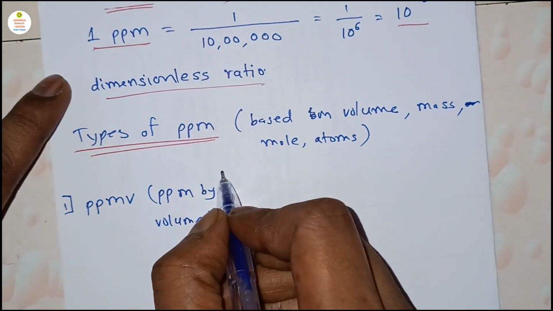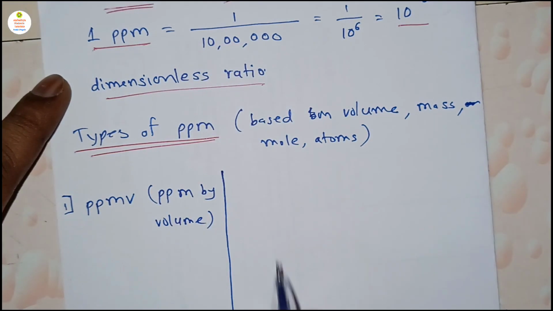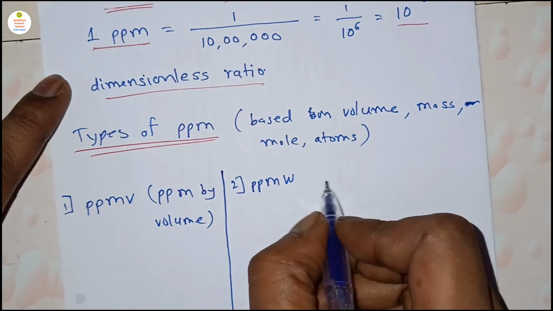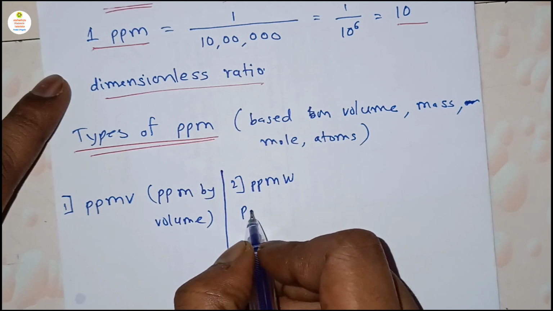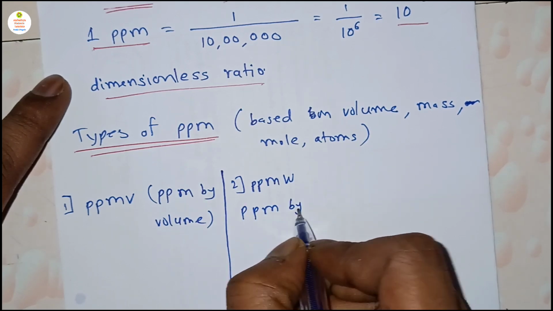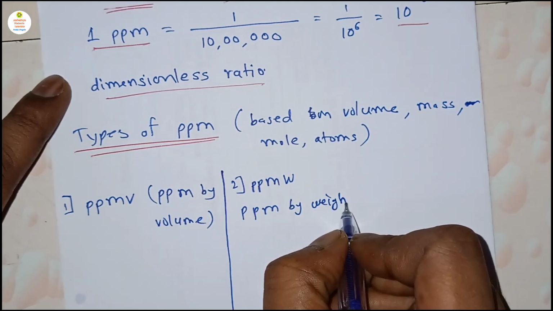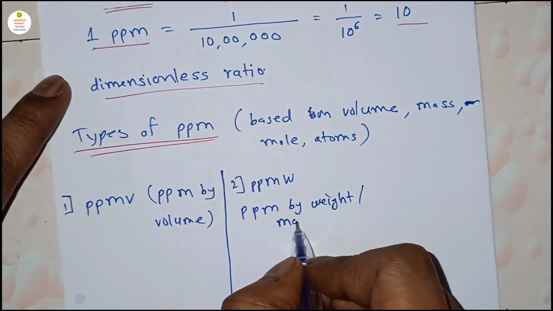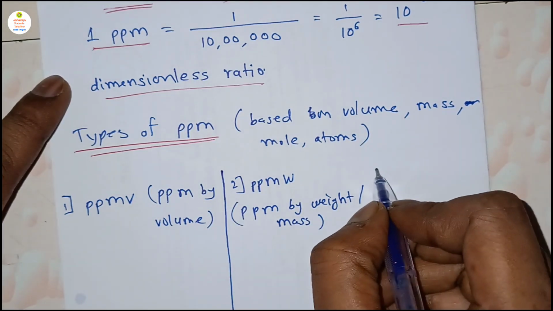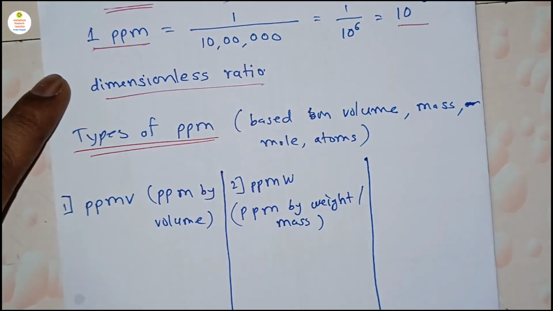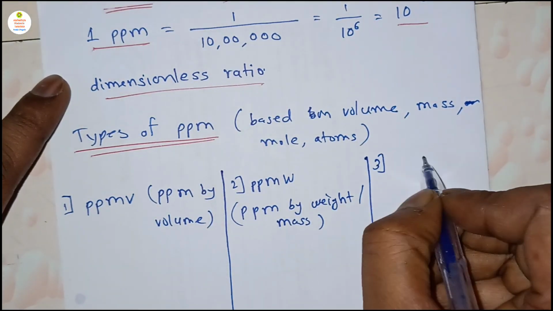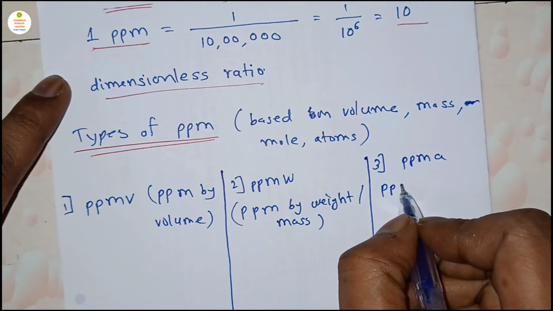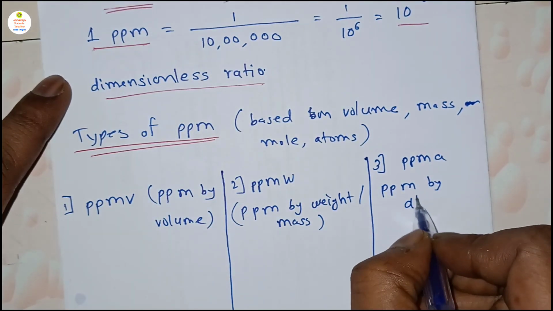Second is ppmw, which is parts per million by weight or mass. And third one is ppma, which is parts per million by atoms.